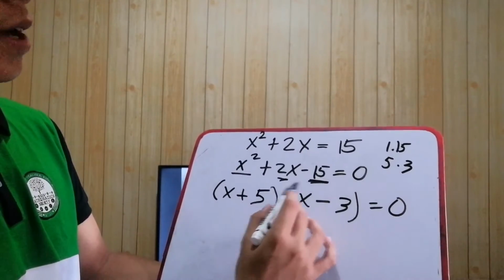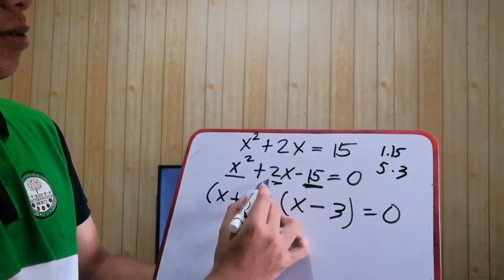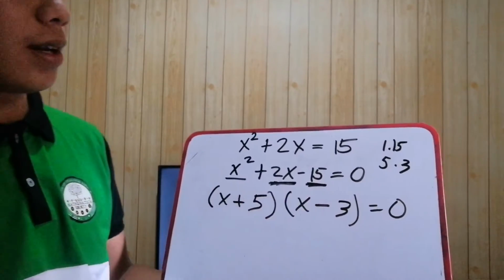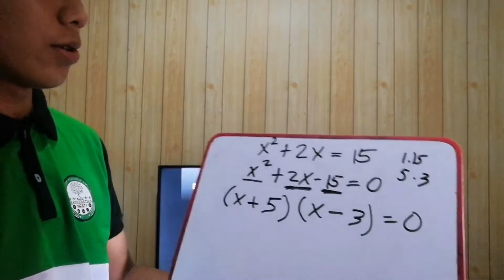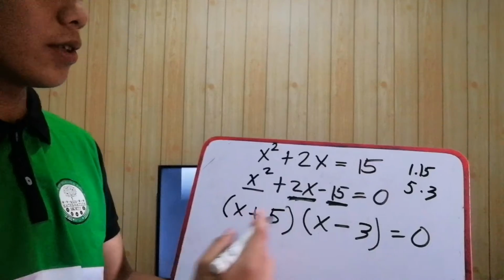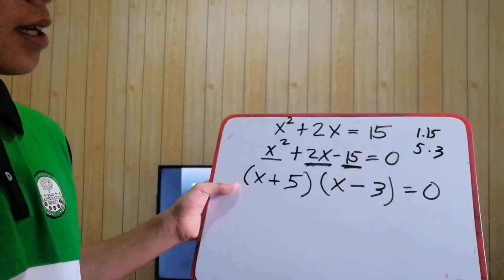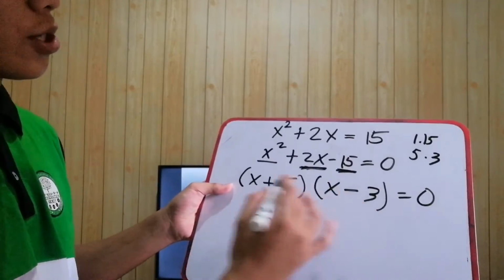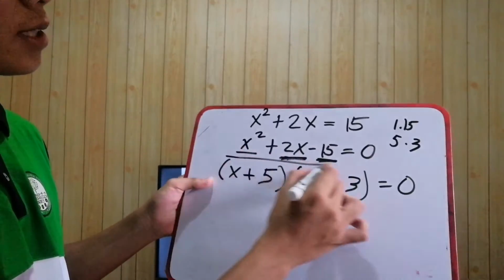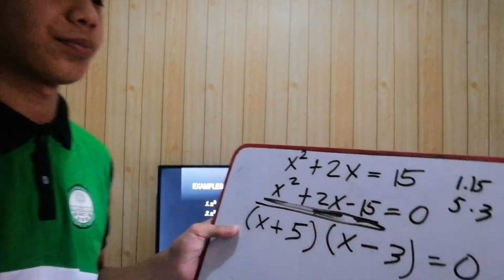Pag i-minus natin si 5 and 3, ito yung lalabas na value equals to 2. So, para ma-check natin kung tama ba yung factors natin, kaya yung sabi ko kanina, is kailangan natin multiply. So, pag multiply natin, pag ito yung lumabas na sagot, ibig sabihin, tama yung factors natin.